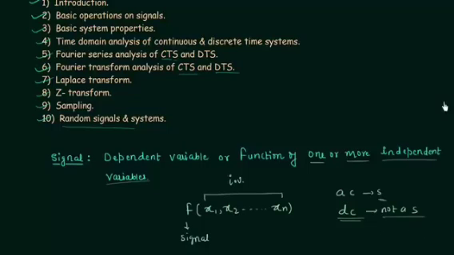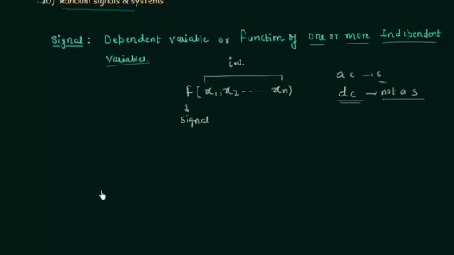Now we will move to the next part of this lecture, in which we will talk about two different types of signals. The first one is the single variable signal, and the second one is the multivariable signal.